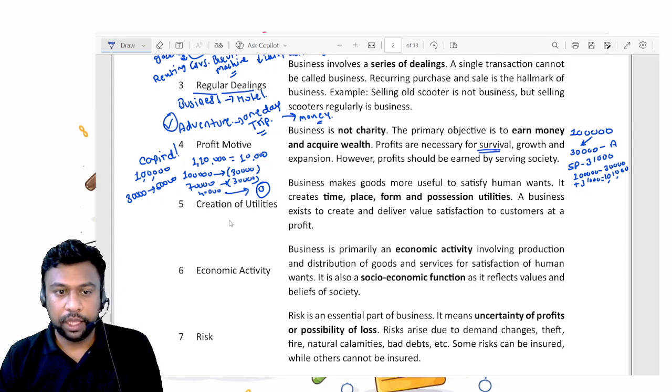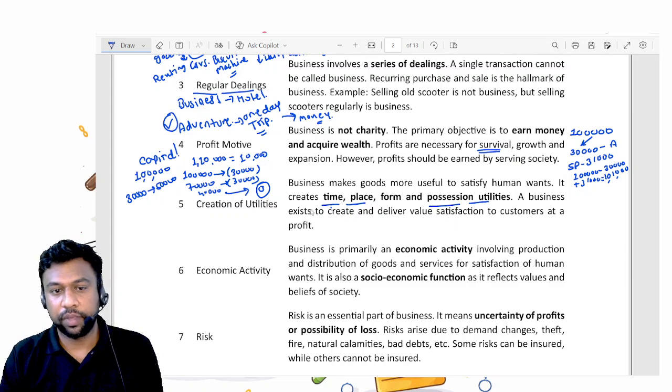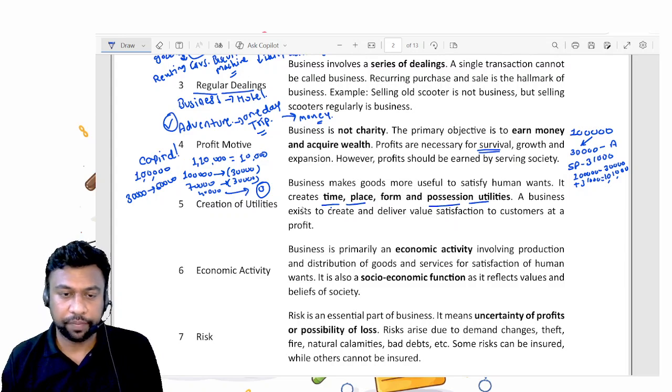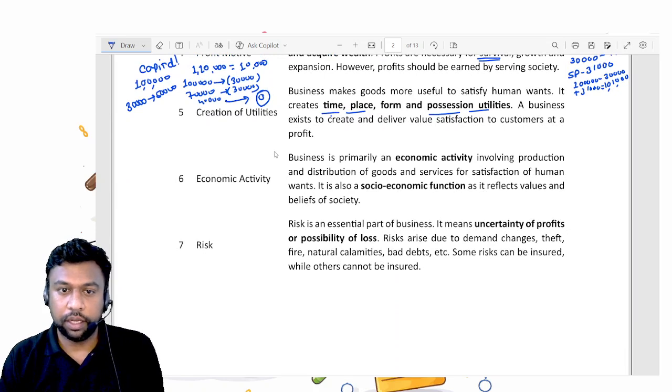Fine. Then creation of utilities. Business creates time utility, place utility, and possession utility. A business exists to create and deliver value and satisfaction to customers at a profit. This we will see in detail. Then economic activities.